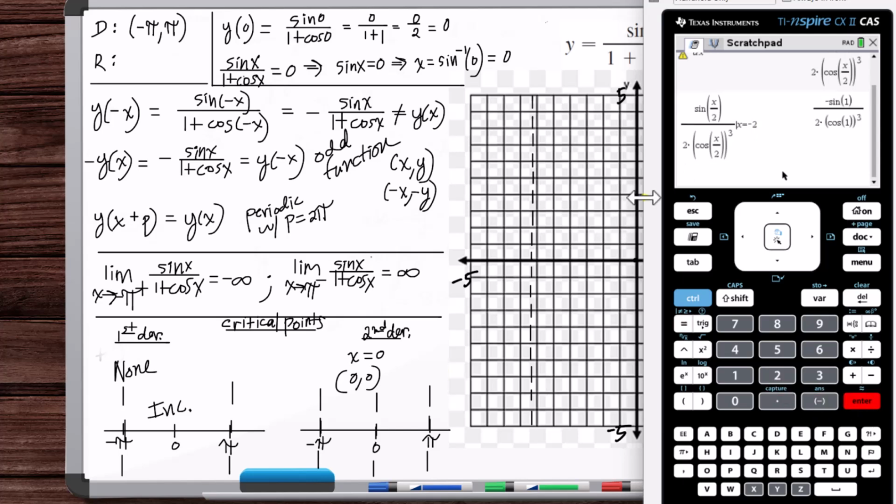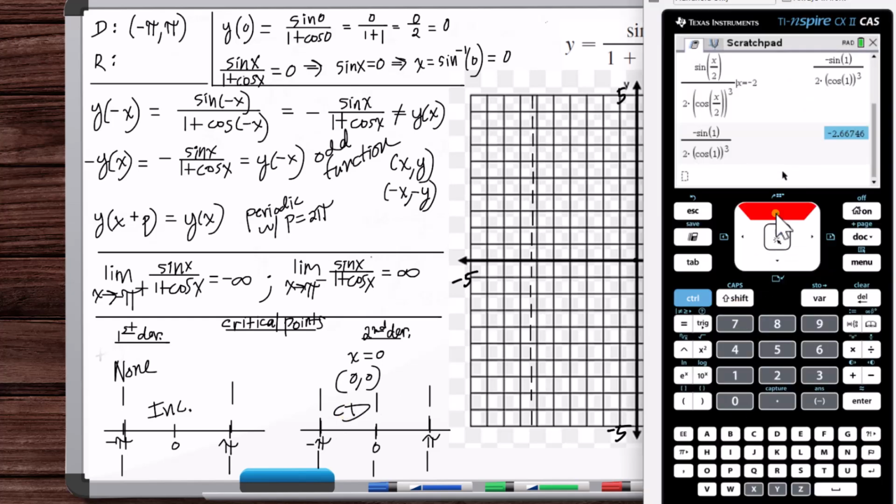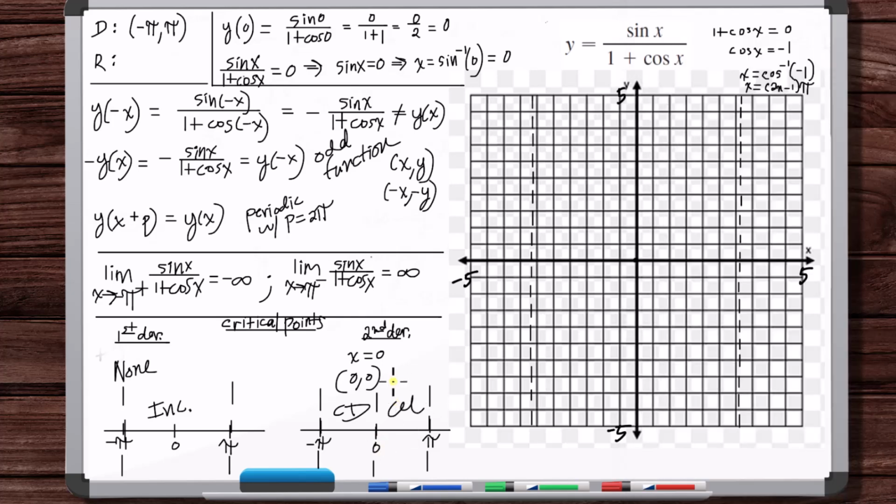So concave down. And now do we switch to concave up? Yes. Okay, so this is an inflection point. We know the curve is going to be continuous at this point. So since it's continuous and there's a switch from concave down to concave up at that point, that's an inflection point.